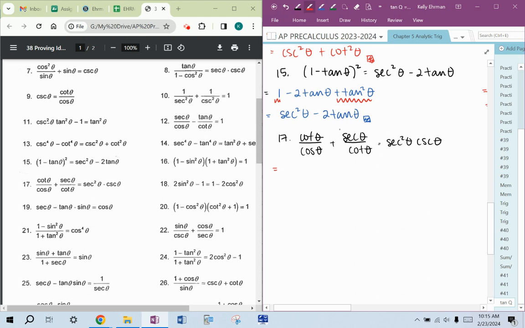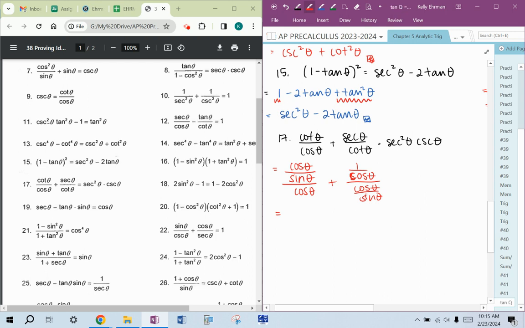I'm going to change to sines and cosines because I'm seeing a convenient setup, a mixture of sines and cosines here. So secant is 1 over cosine theta, over cosine theta over sine theta. You could have started with a common denominator right away too, because these are going to multiply together nicely, but I think most of you will probably go this route.